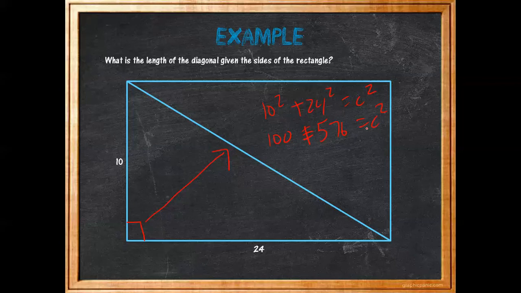So 576 plus 100 is 676. We want to take the square root of both sides. The square root of 676 is 26. So the length of this diagonal in the rectangle is 26.